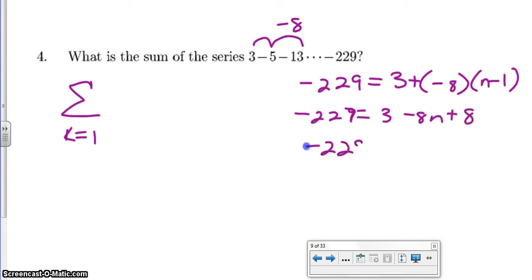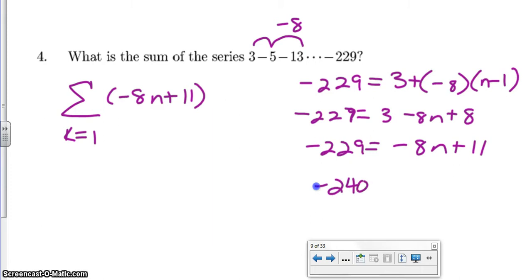Negative 229 is equal to negative 8n plus 11. And I go ahead and finish solving that for the term number. Subtract 11 from both sides: negative 240 is equal to negative 8n. And so n, of course, is equal to 30.